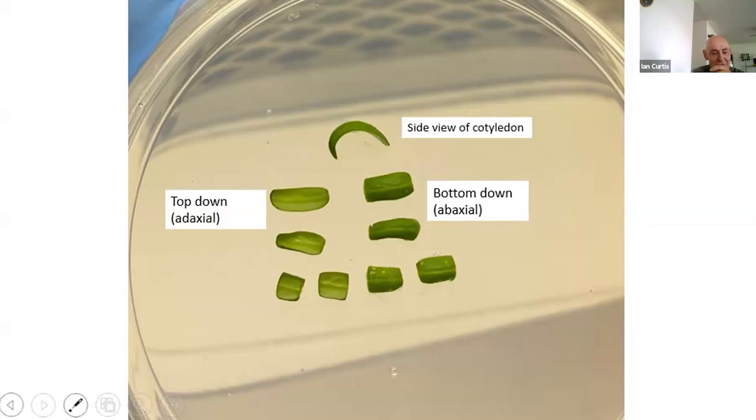Just another question, a technical one. In terms of the explants, you remove the petiole. Have you ever done experiments where you keep the petiole intact, or at least part of it, to see whether you could improve the efficiency further? We haven't.